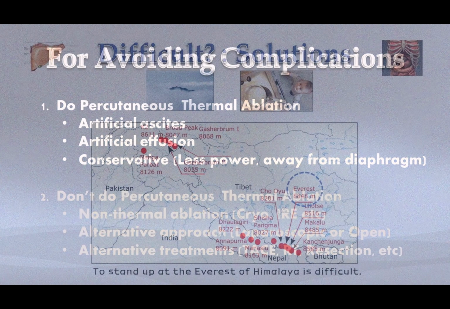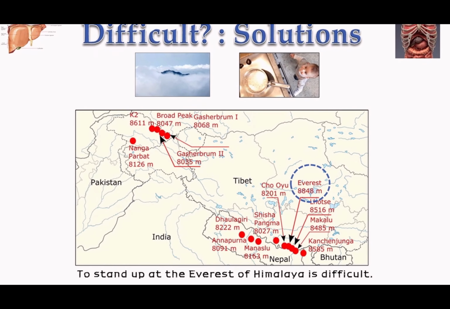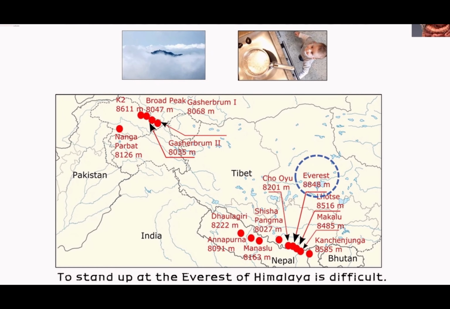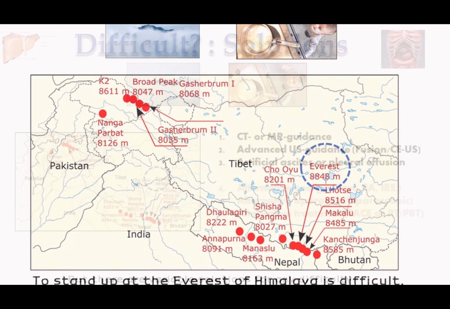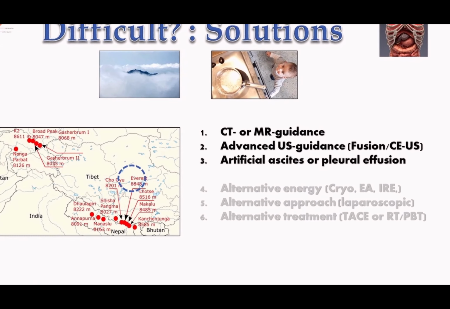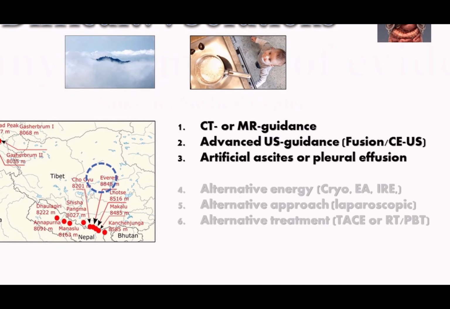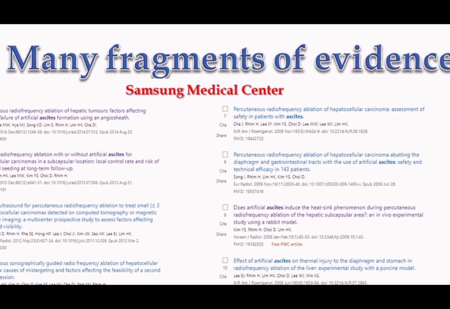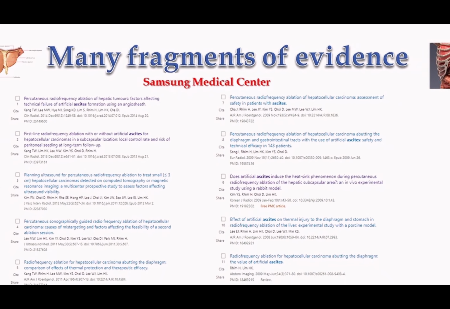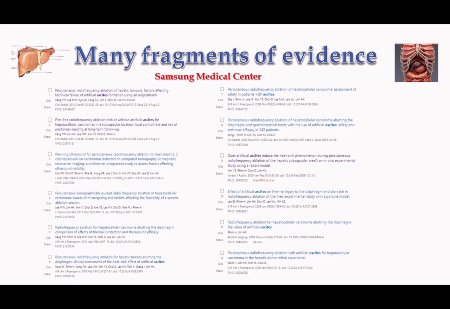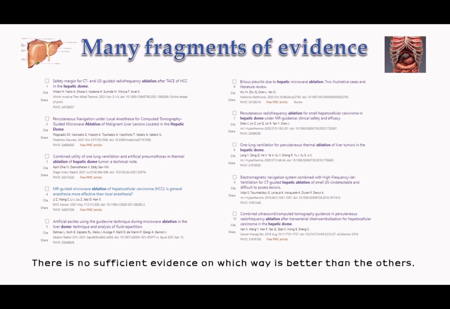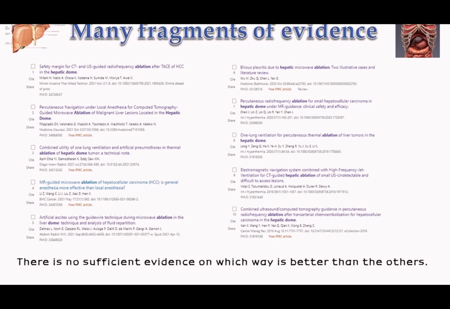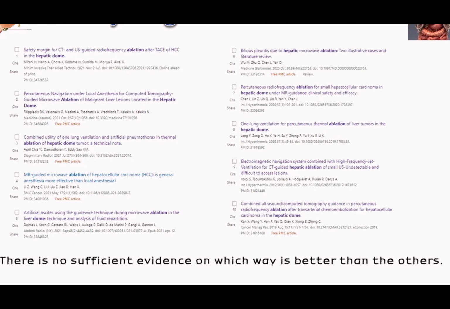We can completely cure. There are so many ways to climb the Himalaya, but as far as I know, there is no one golden rule. There are so many routes. There is so much literature proving the safety and completeness of hepatic dome lesion ablation, but there is no sufficient evidence as to which way is better than the others.